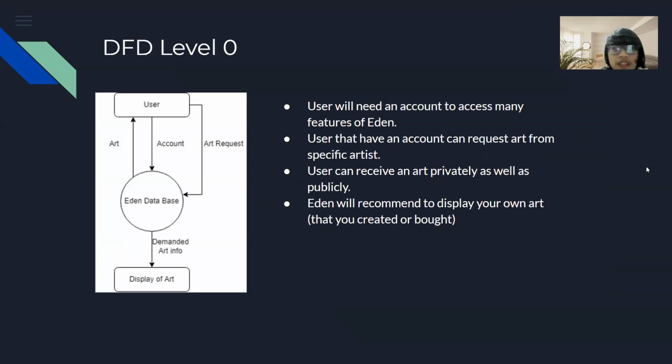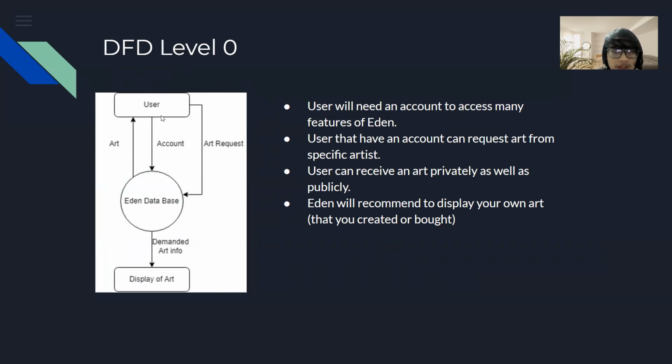Next, we have a DFD, which is this one, the level 0. As you can see, there are three main components, which are user, Eden database, and display of art. By this DFD, we could explain that the user will need an account to access many features of Eden.